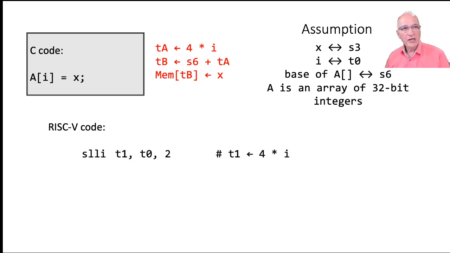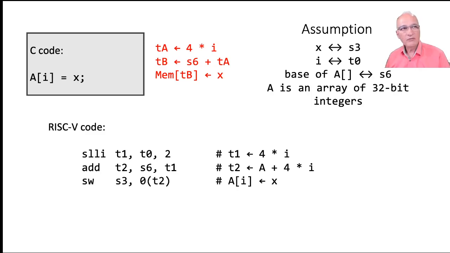I need to compute the address by multiplying I by 4 and adding the result to the base of the array A. And then now I'm going to be doing a store operation because I need to write from the register S3 into the memory. So the only thing that changes here, instead of a load word, I have a store word now. And now the S3 is the source for the store word, and the memory position whose address is given by 0 of T2 is the destination.